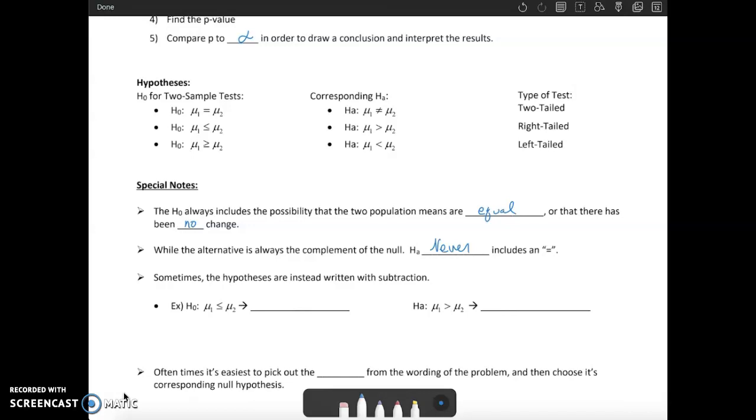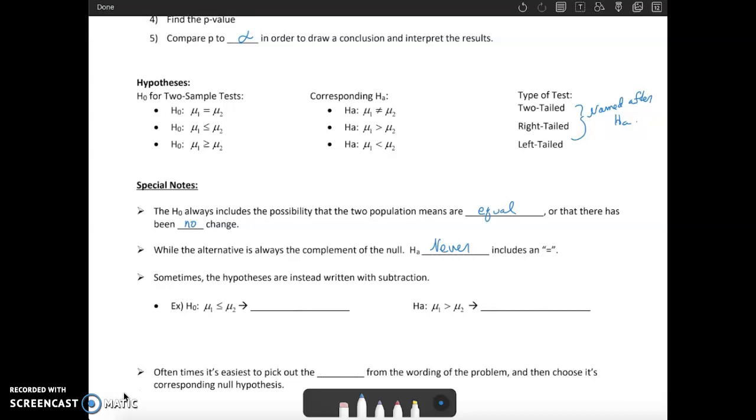The type of test is named after the H sub A. They're named after the alternates. So notice a two-tailed test is named for the not equal to sign.